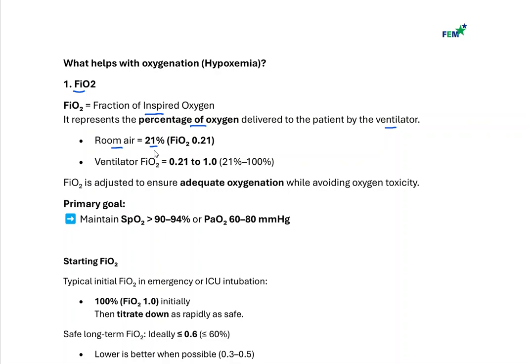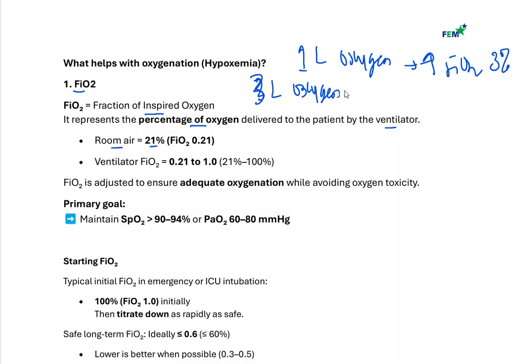That's our FiO₂. And remember, for every 1 liter of oxygen you put the patient on, that will increase the FiO₂ by what? By 3%. So that means if I put my patient on 3 liters of oxygen, their new FiO₂ will be what?